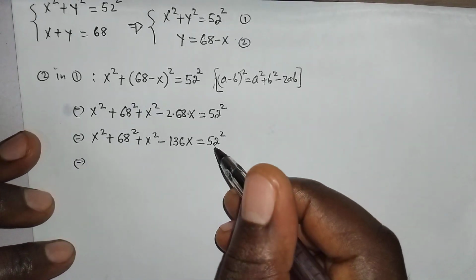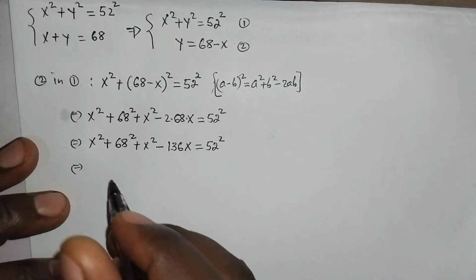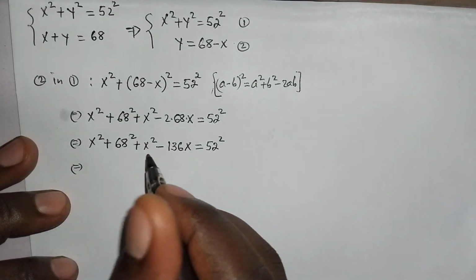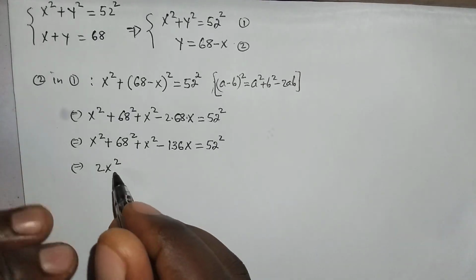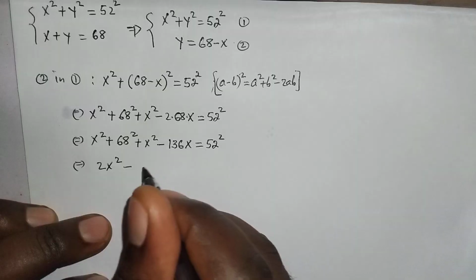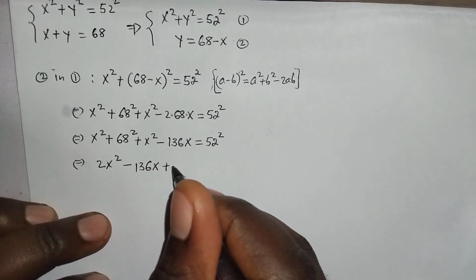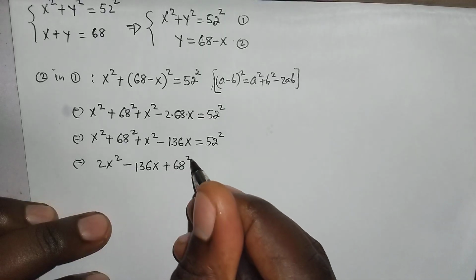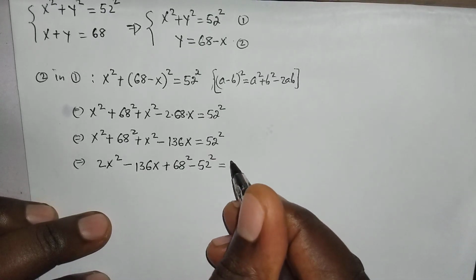So we are going to move this 52 square to the left side. Here it is 2x square, x square plus x square, then minus 136x plus 68 square minus 52 square, which is equal to 0.